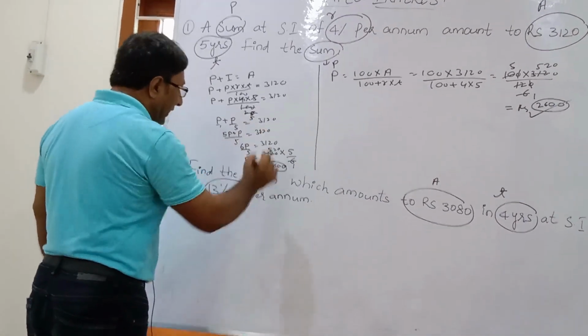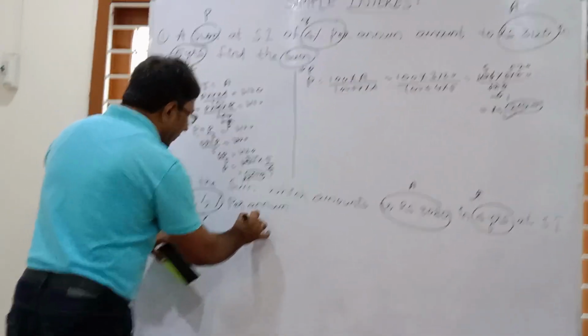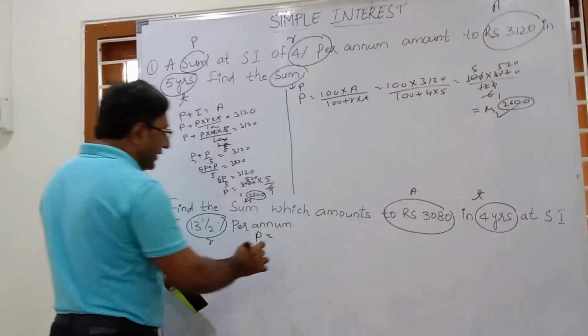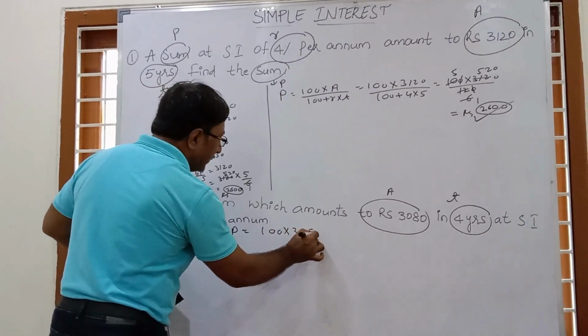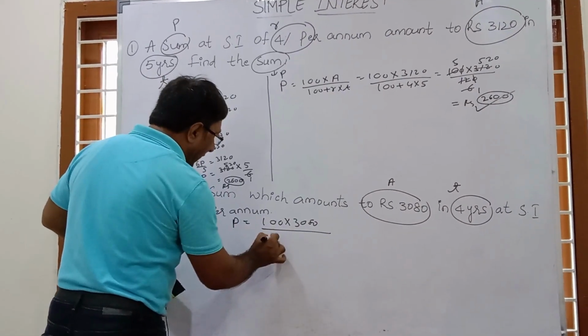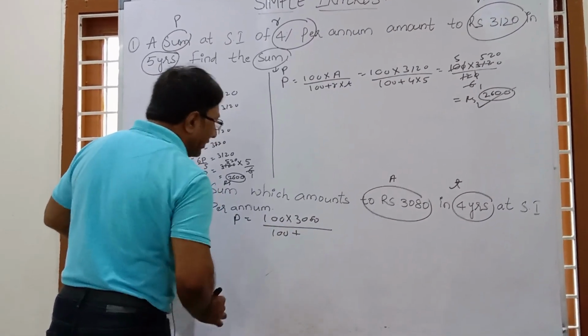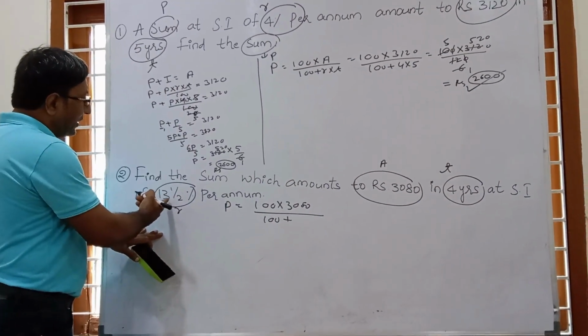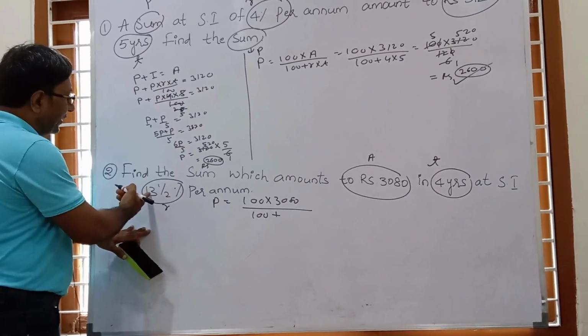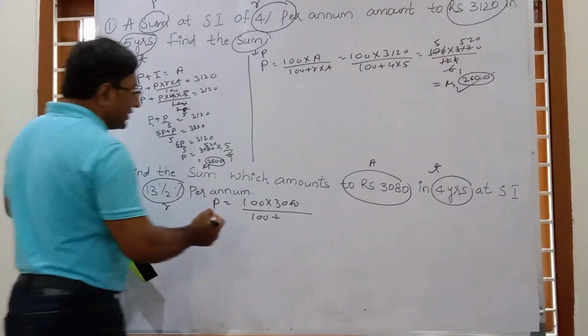So P equals 100 into amount, 3080, upon 100 plus R into T. R is given as 13.5. 13.5 means 13 twos are 26 plus 1, that is 27 by 2.